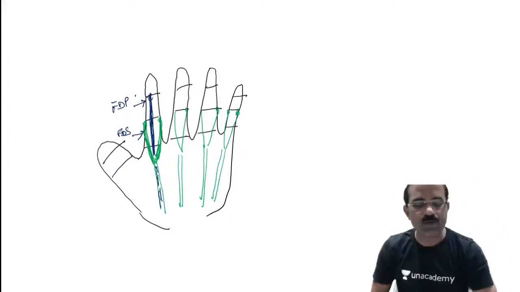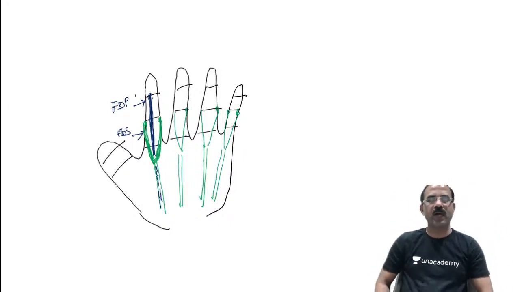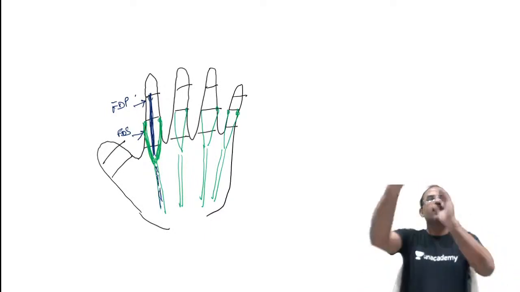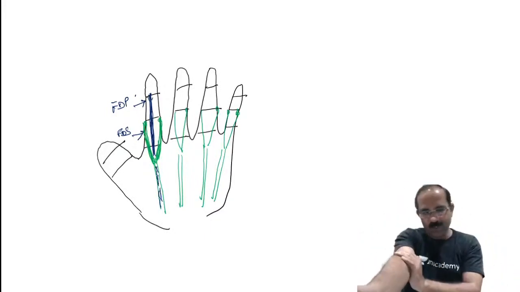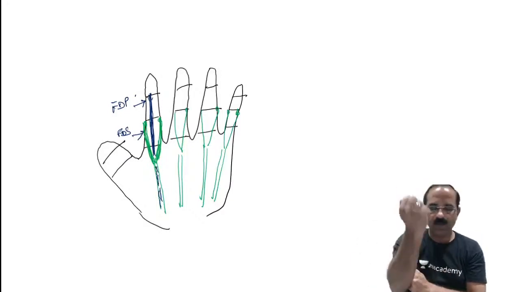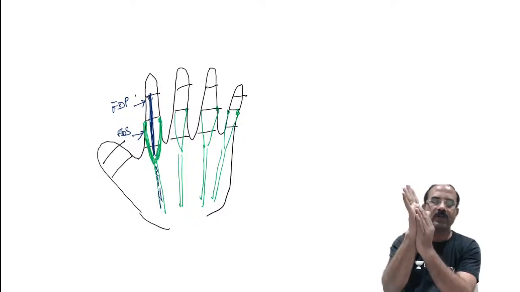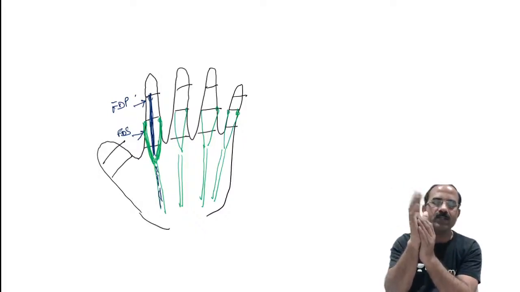So if you can tell me, this flexor digitorum superficialis is going to act on all the joints that it has crossed. One, what is the origin? Medial epicondyle. So it will cause flexion at the elbow joint. Second, flexion at the wrist joint. Third, flexion at the metacarpophalangeal joints.